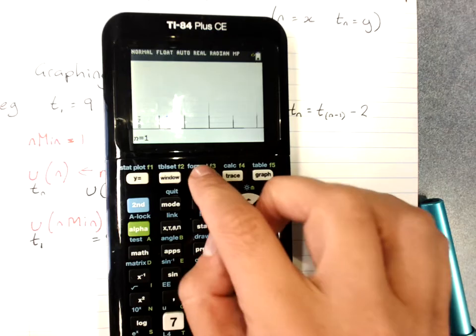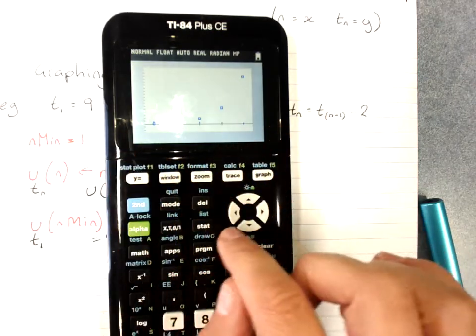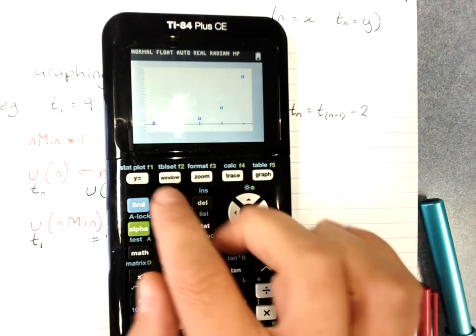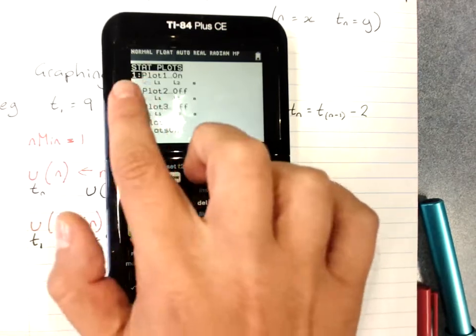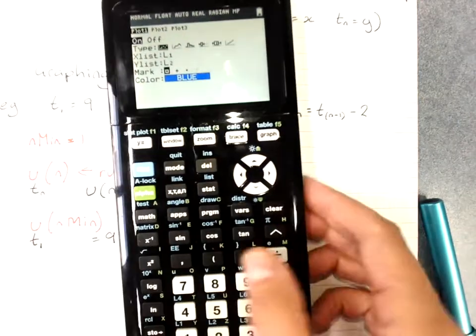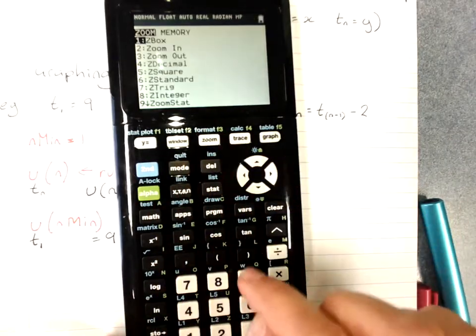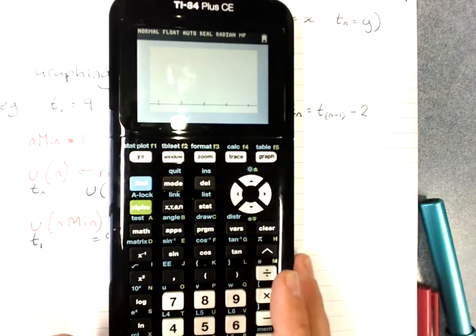And if I do zoom 9, I don't get to graph it because I left my scatter plots on. So you'd have to turn your scatter plot off, then do zoom 9, and there is my graph, gradually declining down.